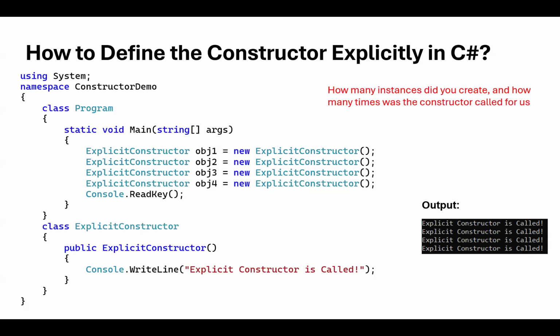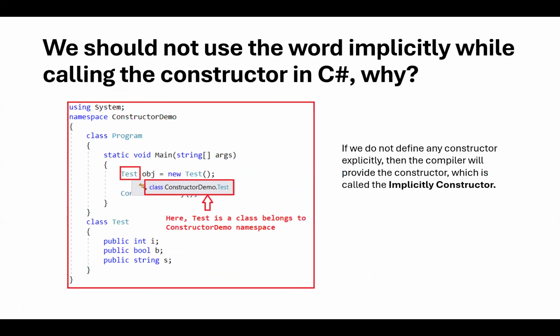So next. See, if you do not define any constructor explicitly, then the compiler will provide the constructor which is called an implicit constructor, so the default constructor. You can see the following screen. If you move the mouse pointer over the Test class, then you will see the following.